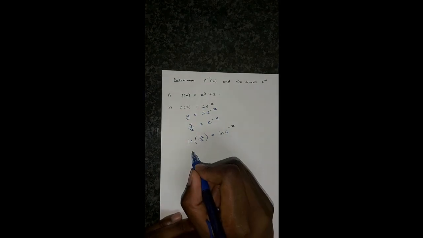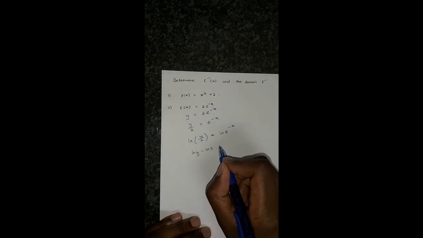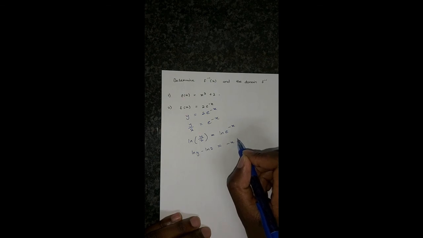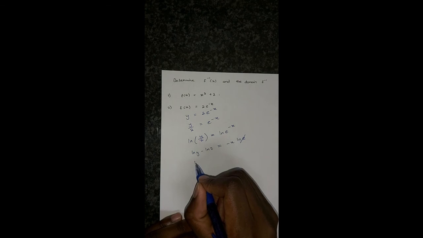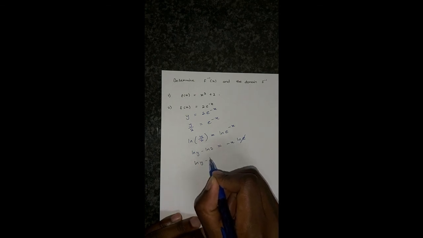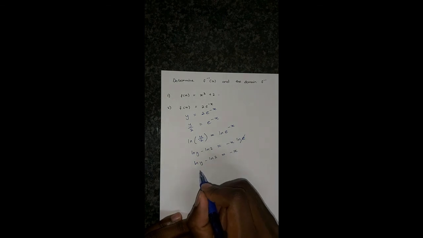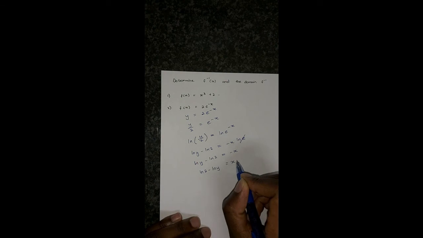Okay, so this becomes ln y minus ln 2 being equal to negative x ln e, and ln e is just equal to 1. So you're left with ln y minus ln 2 being equal to negative x. Therefore, ln 2 minus ln y is equal to x.